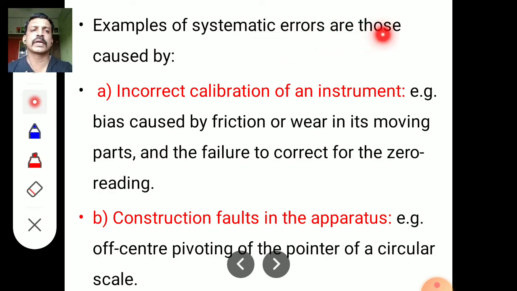Examples of systematic errors are those caused by incorrect calibration of an instrument, bias caused by friction or wear in its moving parts, failure to correct for the zero reading, and construction fault in the apparatus, such as incorrect centering of the pointer on a circular scale.